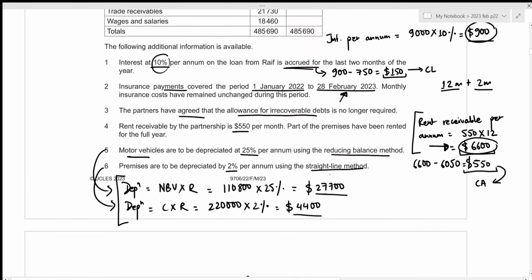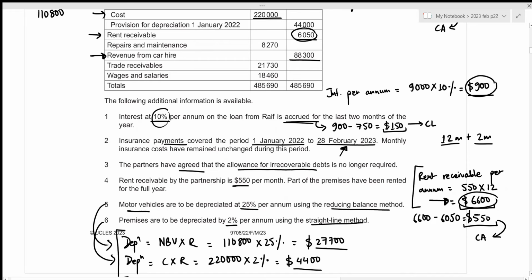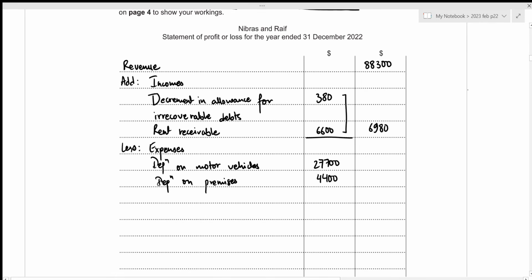All right, then we also figured out our interest per annum on the loan provided by Raif to be 900. This will also act as our expense, so let's include it. That will be our interest on loan, and this is the loan from Raif.